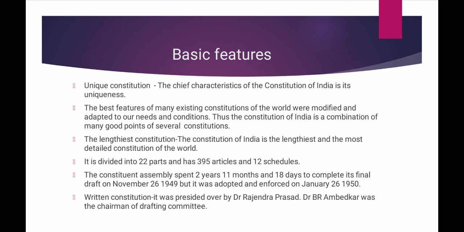And the 15 female members also took part in the Constituent Assembly.